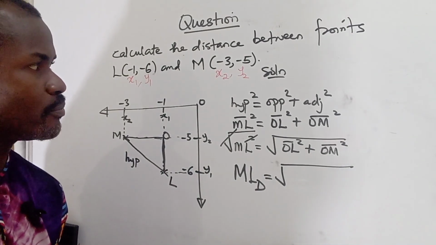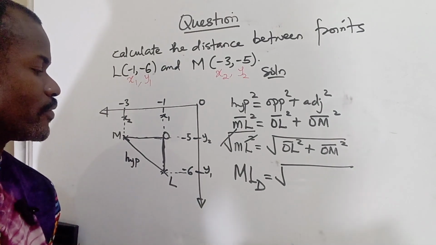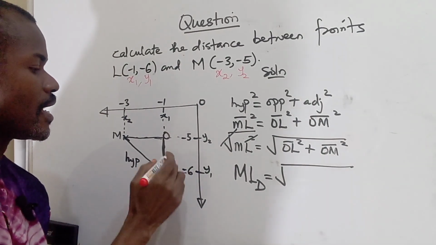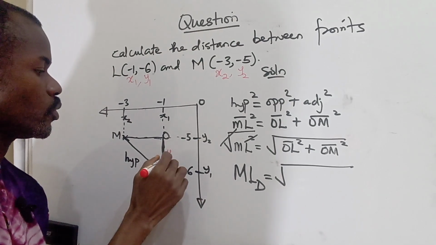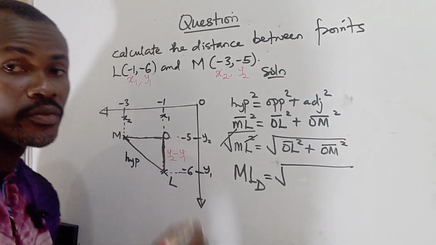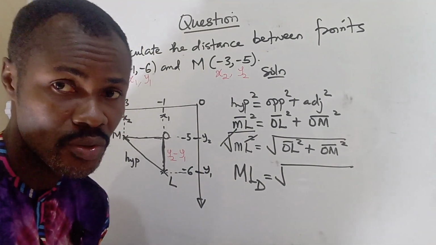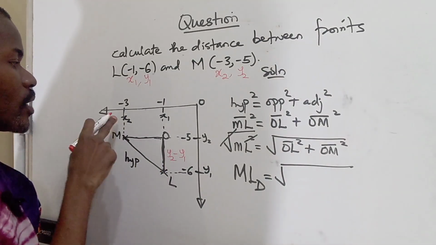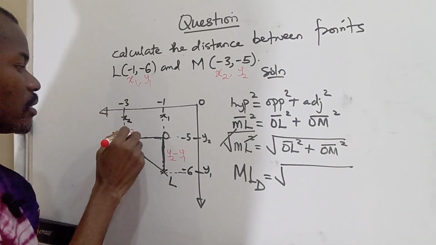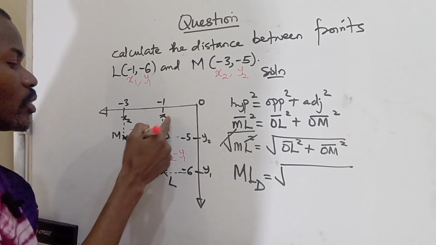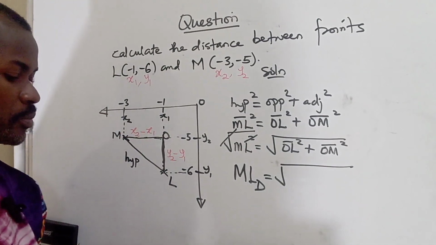Now it's very simple. We are simply going to say for this length, I have y2 minus y1, if you have the knowledge of graph and how to calculate your slope. And for this length, we can say x2 minus x1.